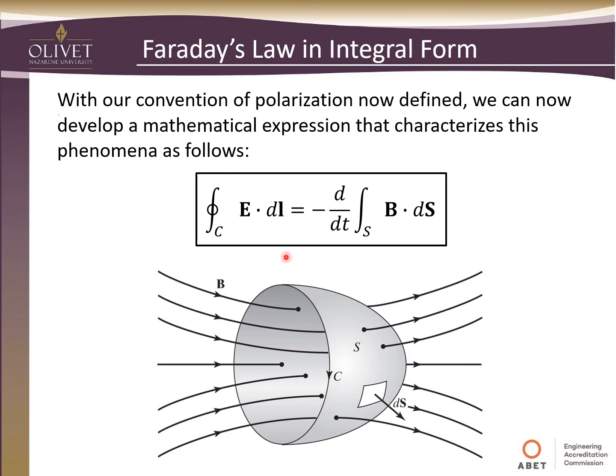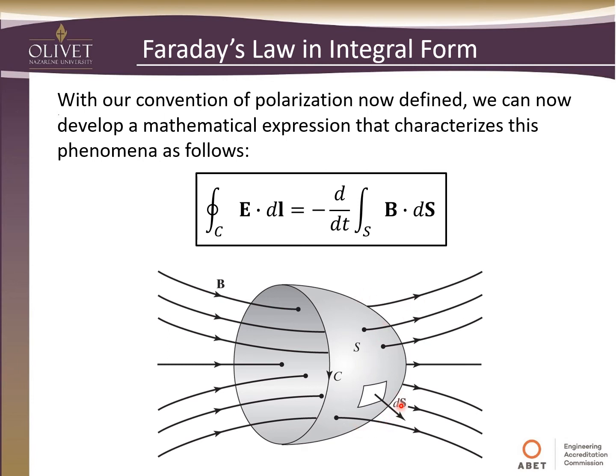So what we're saying then is if we integrate around this circle, the E field on the circle dotted with dl, which is in the direction that it's going, this potential differential, this voltage that's created on there, is equal to the negative of the derivative with respect to time of the magnetic field, this B, dotted with this ds, that's penetrating this surface.